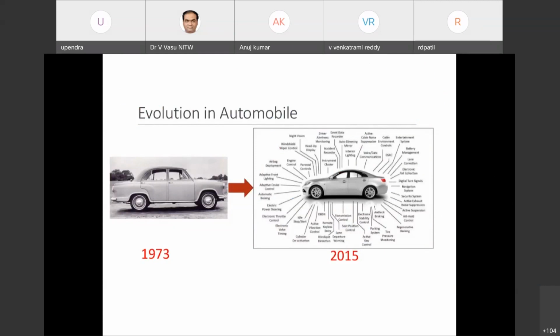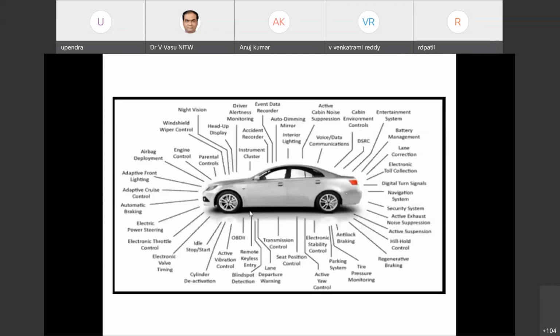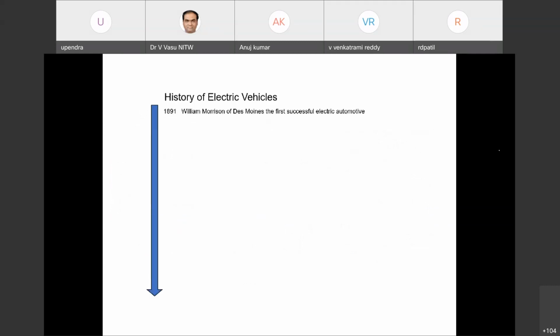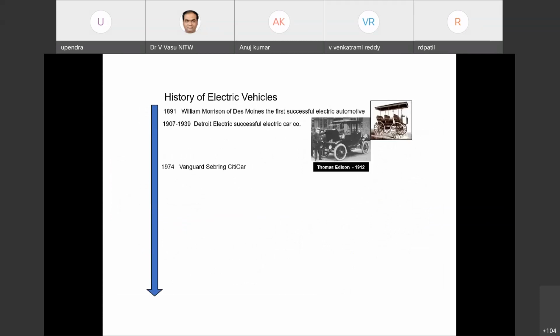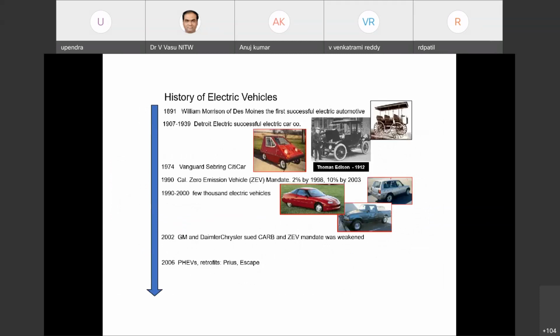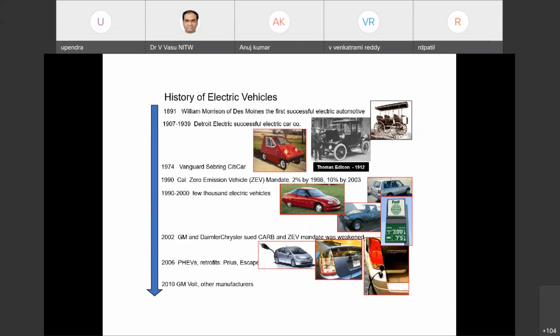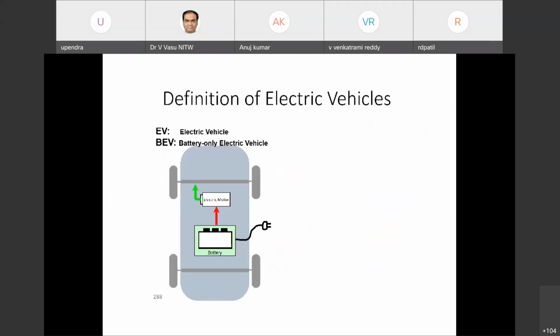The evolution of the car occurred like this. In 1977, the cars we were using had different types of sensors incorporated. You can see the evolution of cars, starting from the electrical cars we use now.